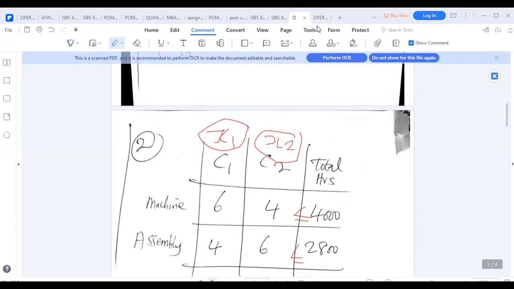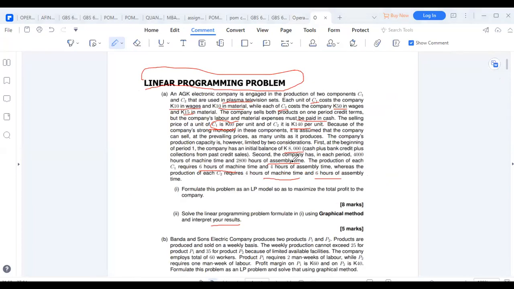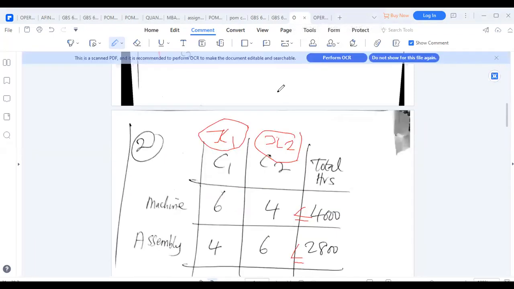For C1, 6 hours machine, 4 hours assembly. And for C2, it's 4 hours machine and then 6 hours assembly. So this is why we are now getting down to this problem here.